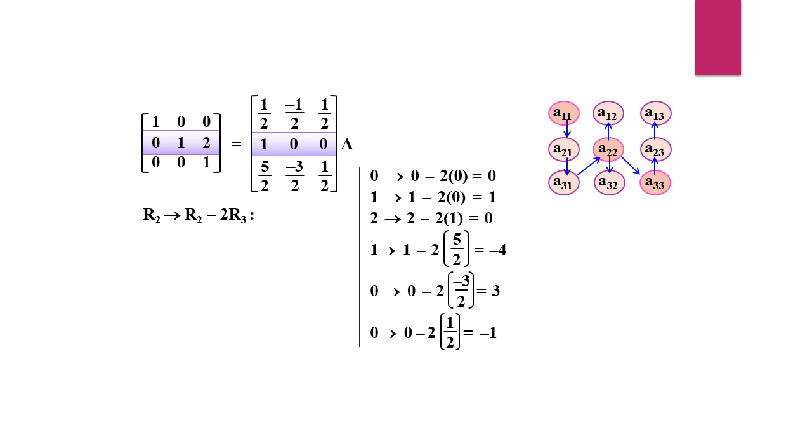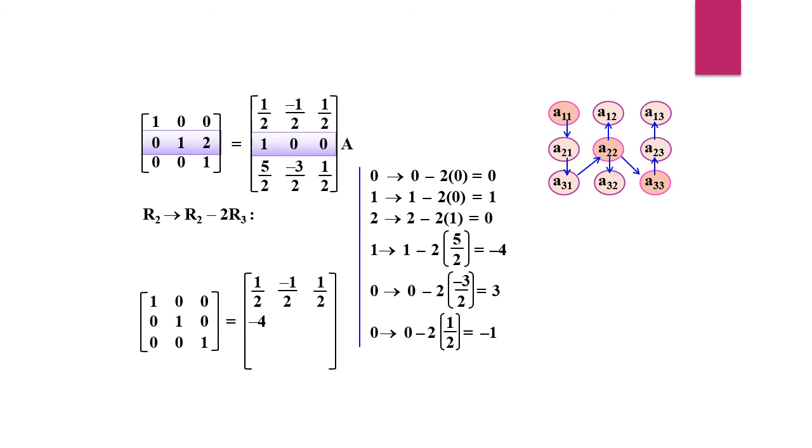Similarly, we apply the property on the LHS, that is first element of R2 minus 2 times the first element of R3, which is 5 by 2, we get minus 4. Similarly, second element of R2 minus second element of R3, we get 3, and third element of R2 minus third element of R3, we get minus 1. So on applying the properties, the changes will take place only in the second row elements, and the second row elements will be of the form 0 1 0, minus 4 3 and minus 1.